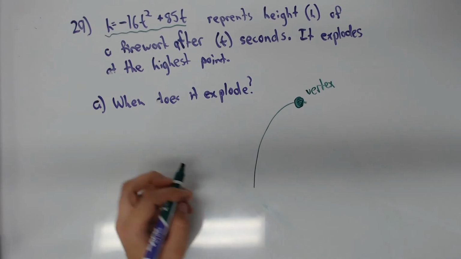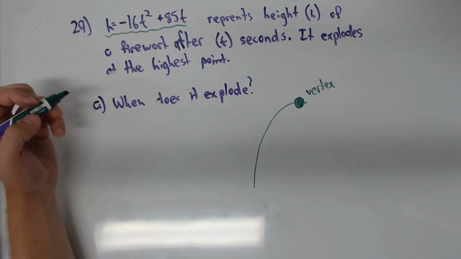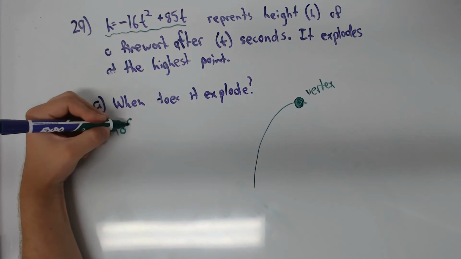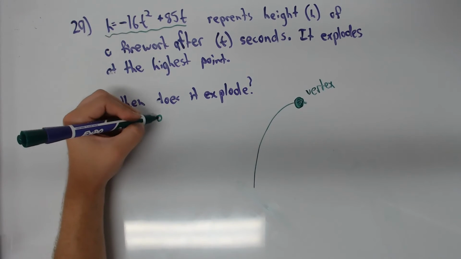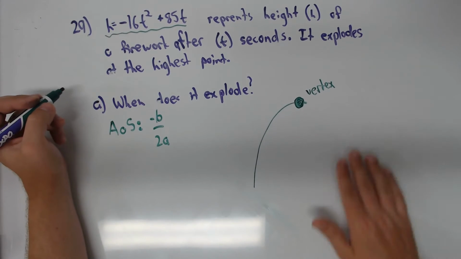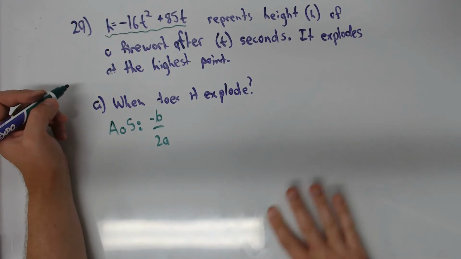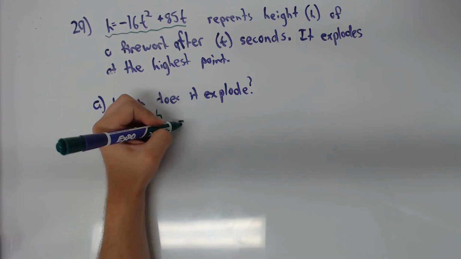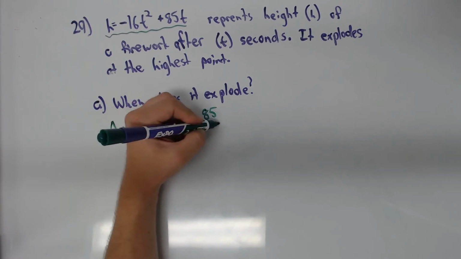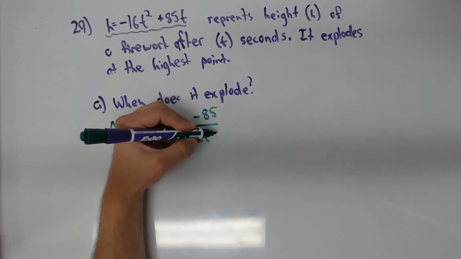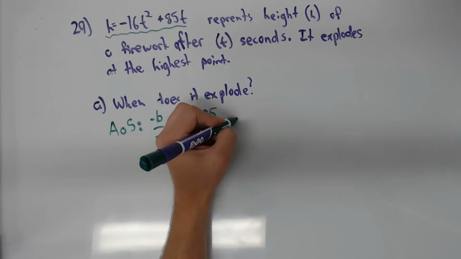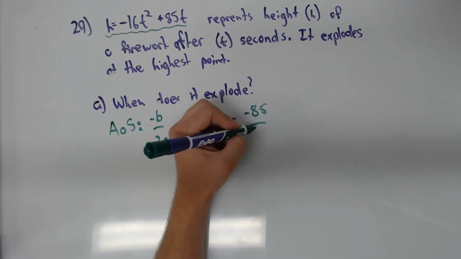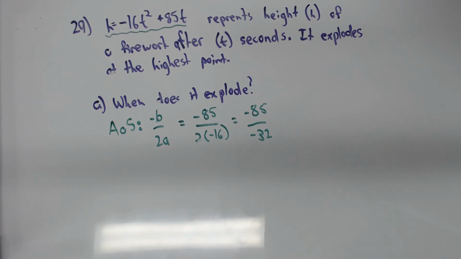All right. We want to find the x part of the vertex first, which is our axis of symmetry, -b/2a. So that's the thinking here, is which spot are we looking for? So -b/2a is -85 over 2 times -16, -85 over -32, and quick grab out a calculator, because that's going to be some sort of decimal.